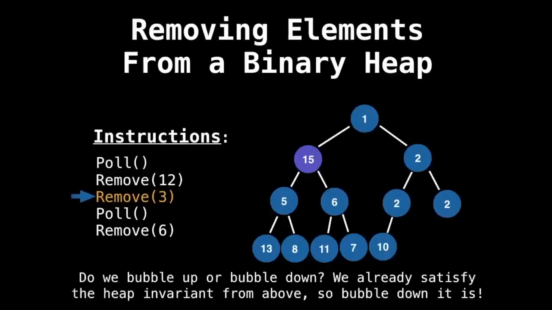But now the question is, do we bubble up or bubble down the value? Because you don't really know what the value of the node in the last position is when you're swapping it in. So do we bubble up or bubble down? Well, we already satisfied the heap invariant from above, so we need to bubble down 15.